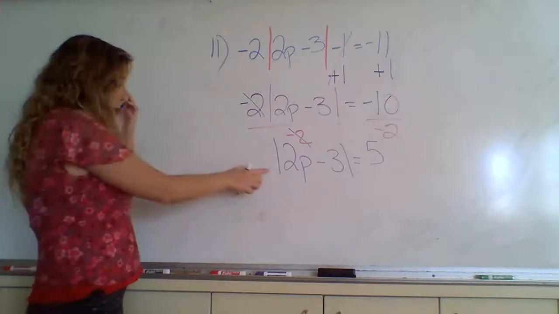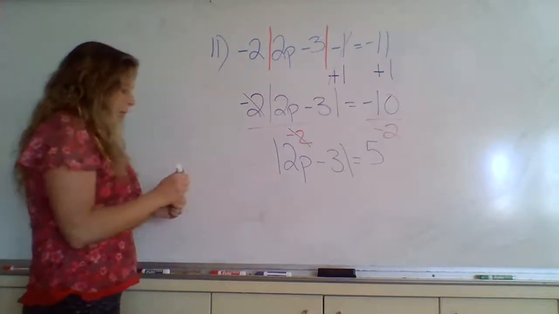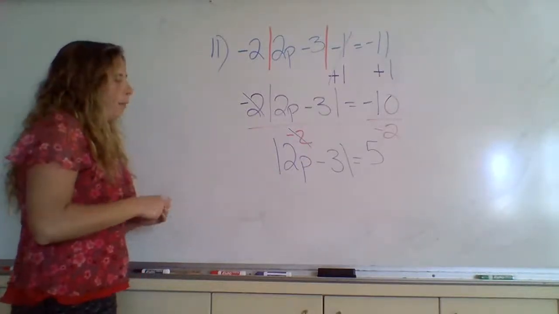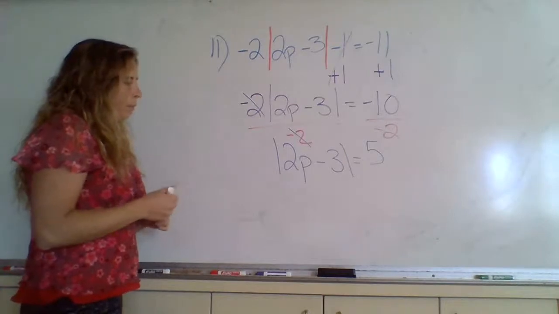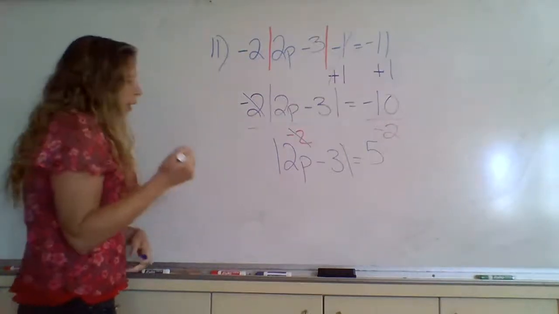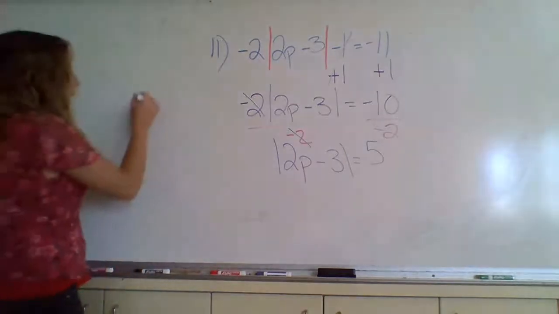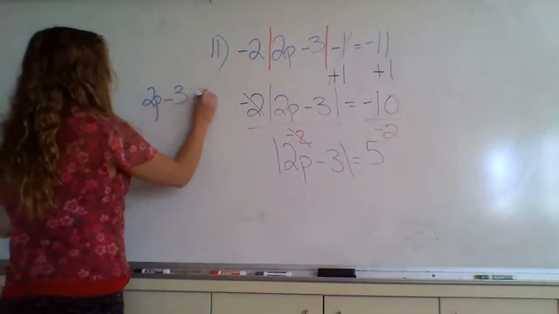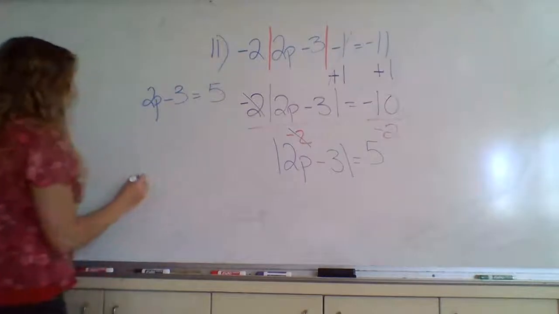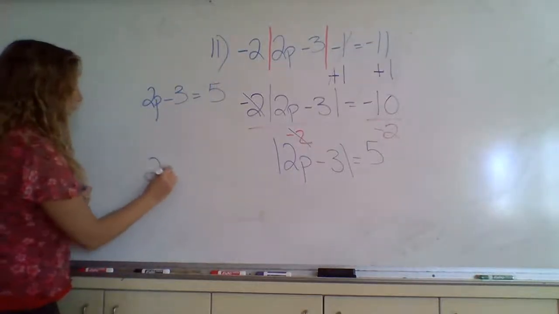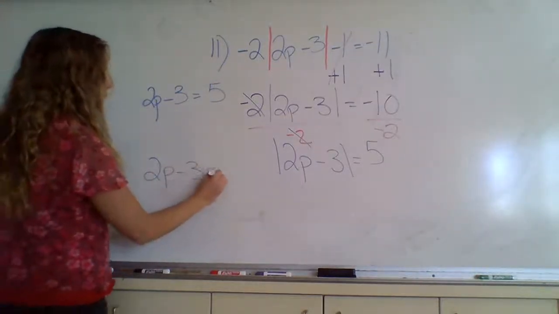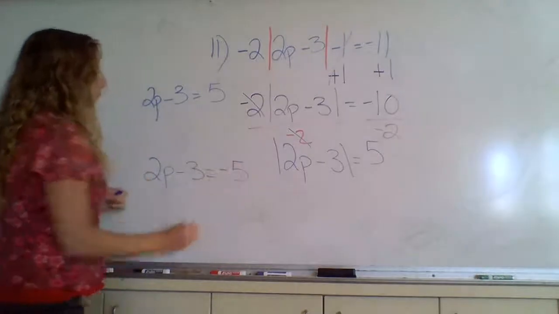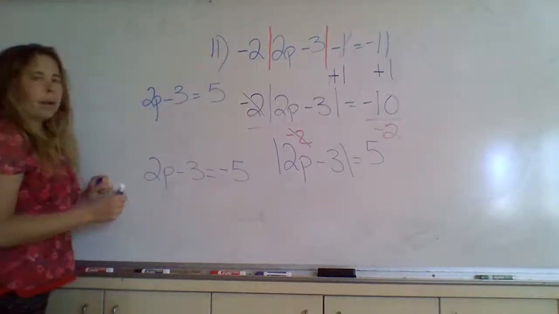Okay, and then figure it out from here. Now what do you do? Pause me and try it. So you take 2p minus 3 equals positive 5, and 2p minus 3 equals negative 5. Right, and then solve for p.